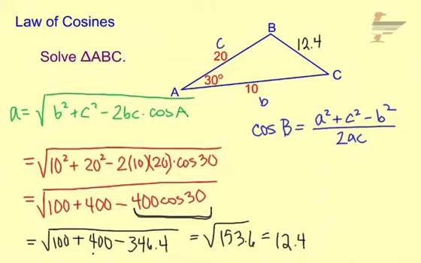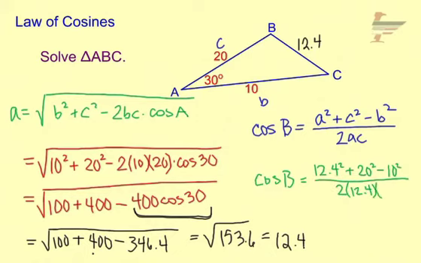It uses all three sides, and we have all three sides now. So again, we are just plugging in all of our sides. Cosine of B equals 12.4 squared plus 20 squared minus 10 squared, all divided by 2 times 12.4 times 20.